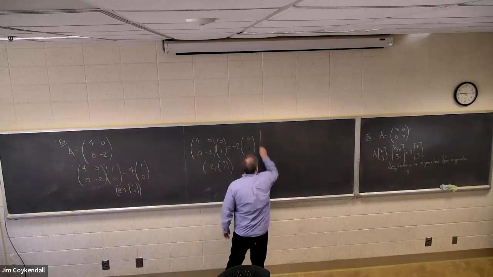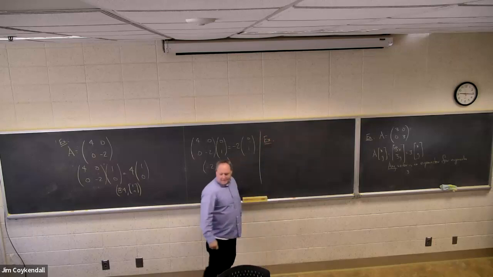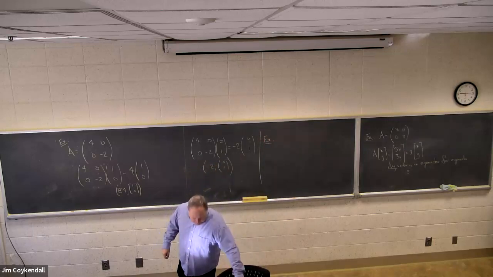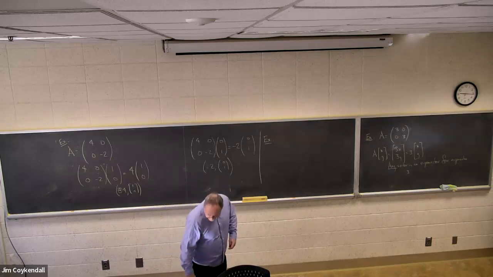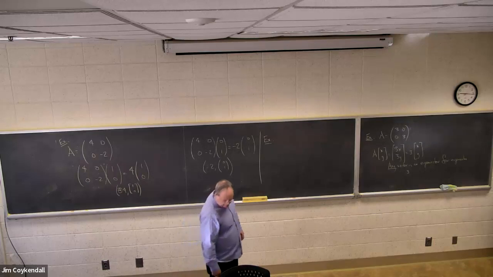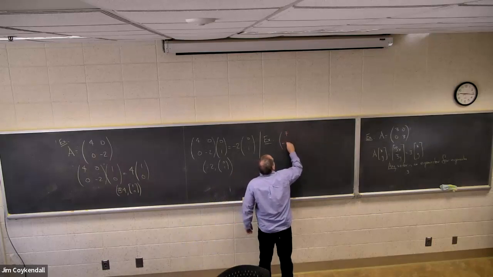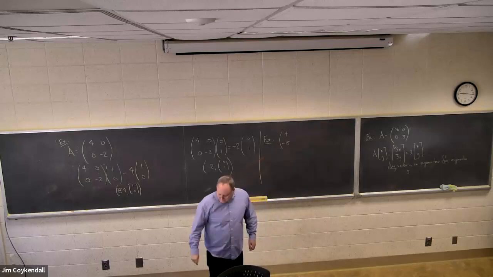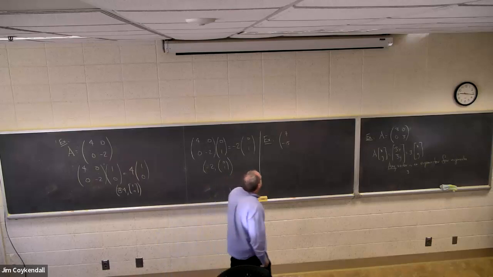Now, here's one with a little more meat on it. The matrix is 7, 2, minus 15, minus 4.